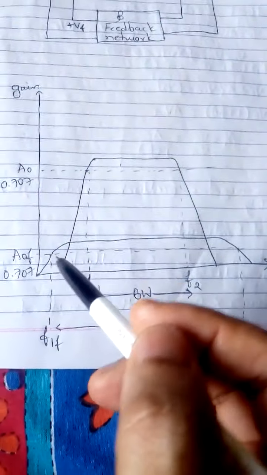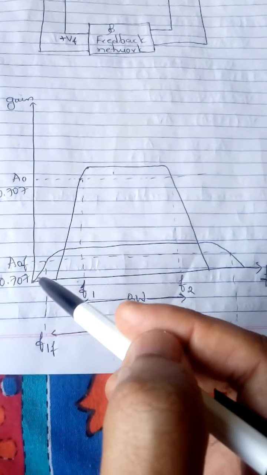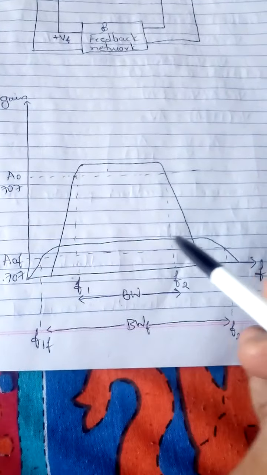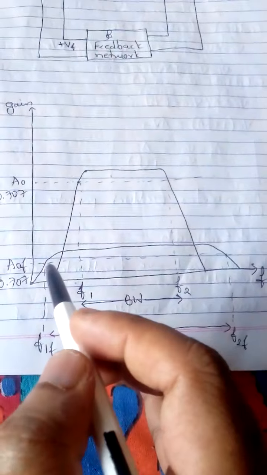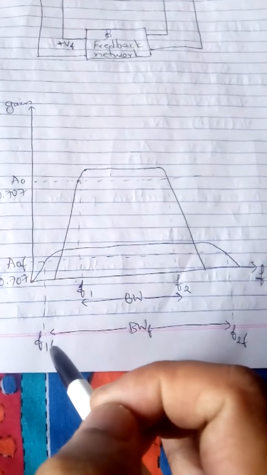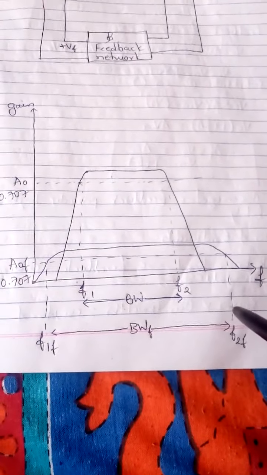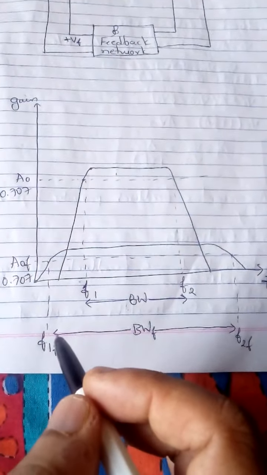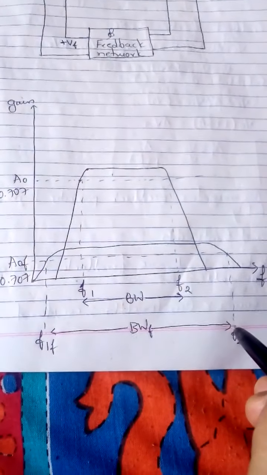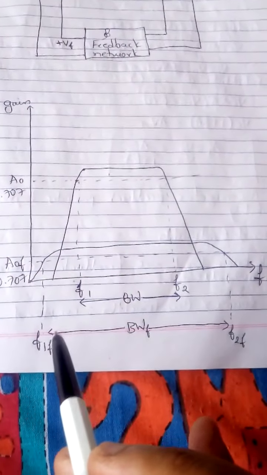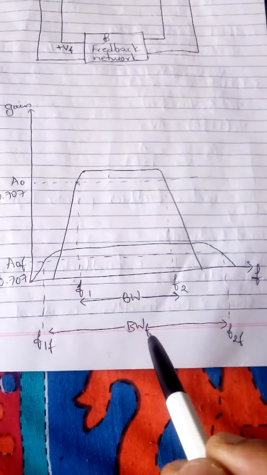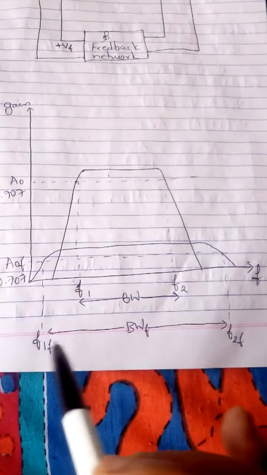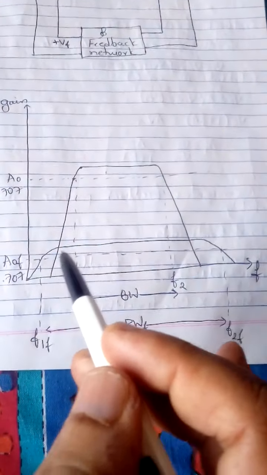Similarly, I can check with the second curve, and take 2 points, F1F and F2F at 0.707. If I take the difference between F1F and F2F, I can observe that from the second curve I am getting more bandwidth.